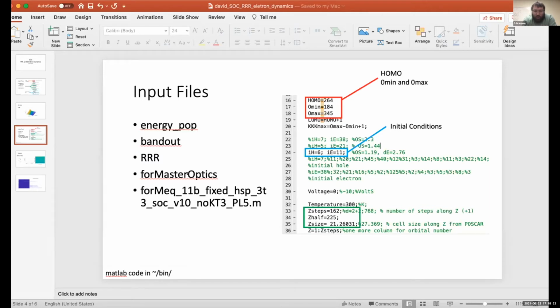You also need the master optics file, which should be generated when you generate your OS string file for your system. And then the MATLAB code, which both of the MATLAB codes I'm using you can find in the bin on NERSC, just in the standard bin directory.